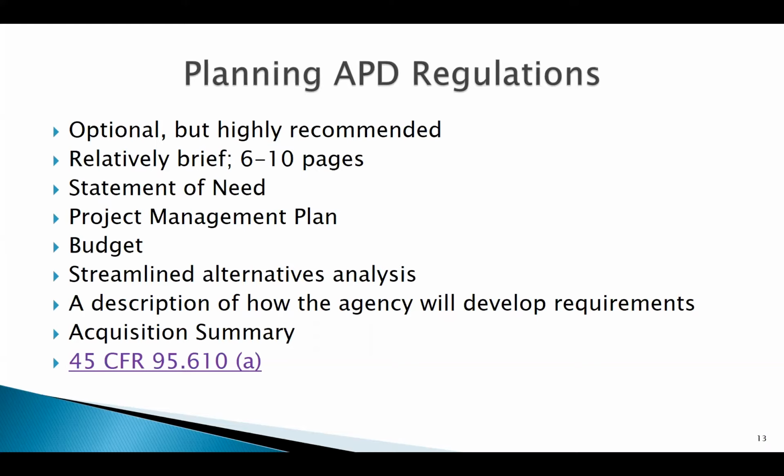It needs to have the statement of need. You need to have your project management plan, your budget, your streamlined alternatives analysis, a description of how the agency will develop the requirements, as well as an acquisition summary. Next slide.